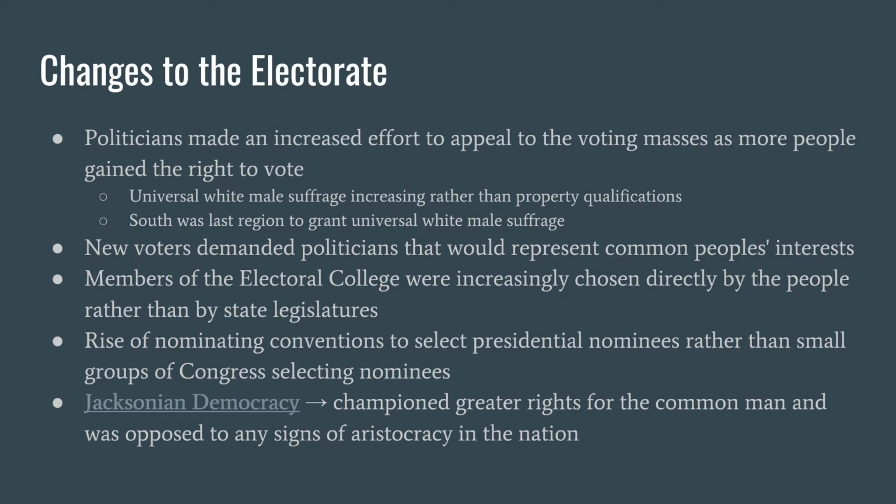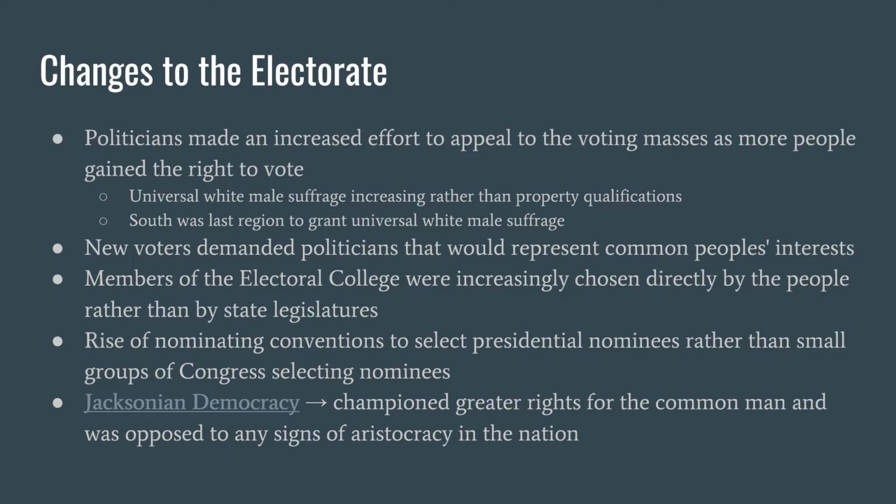So, we start to see a lot of changes to the electorate, or who can vote, moving into the 1820s. In the earlier presidencies, we really see that candidates are picked by Congress, in back rooms.